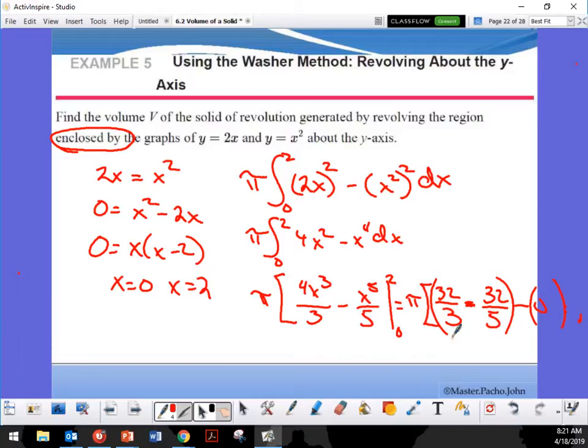Common denominator. This came out just like our warm-up. 160 over 15 minus 96 over 15 gives 64 over 15. So the answer is 64 pi over 15.